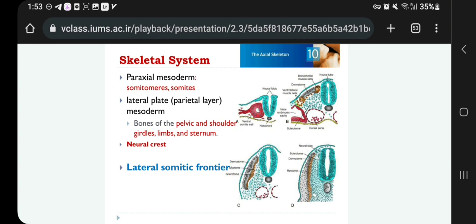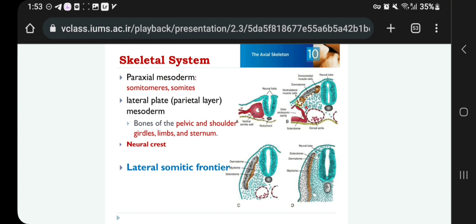In the ventral part is the sclerotome. The sclerotome differentiates to bones, to the vertebrae. Some part of the sclerotome migrates around the notochord and the neural tube and joins with the opposite side and makes a block around it, and that block differentiates to vertebrae.